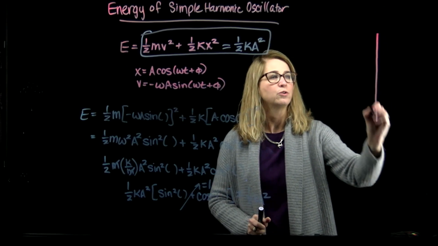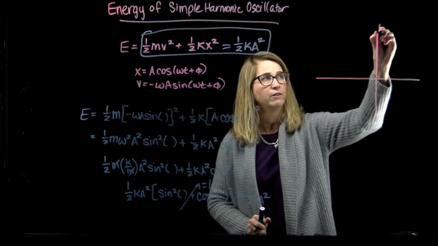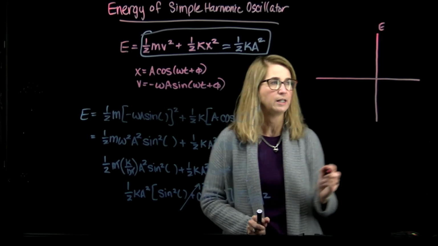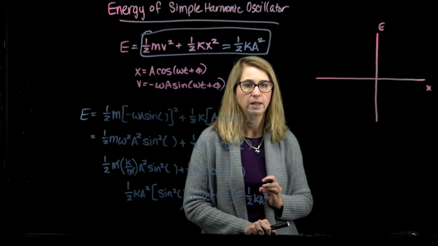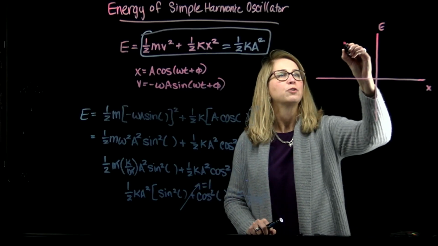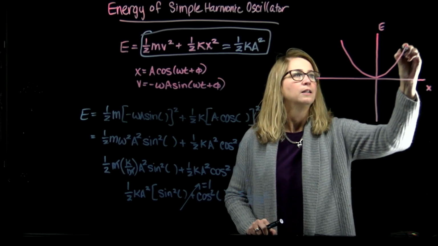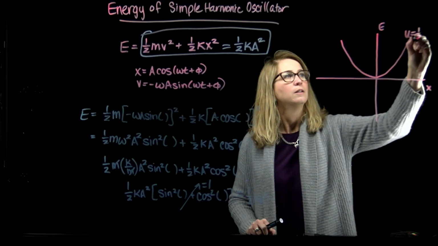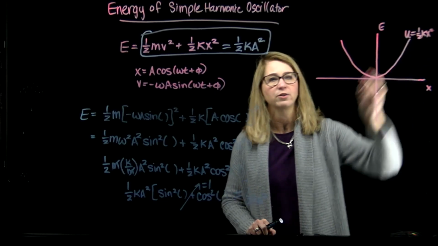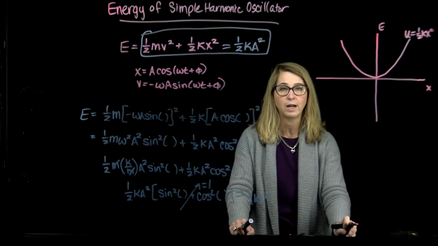So this is going to involve some memory for you. If we have the vertical axis representing energy and the horizontal axis representing x, I want to remind you that the potential energy function for our mass on a spring is 1/2 kx squared, and so it just looks like a parabola.